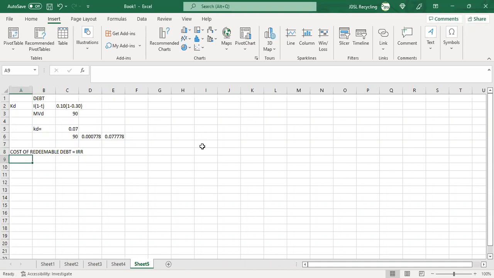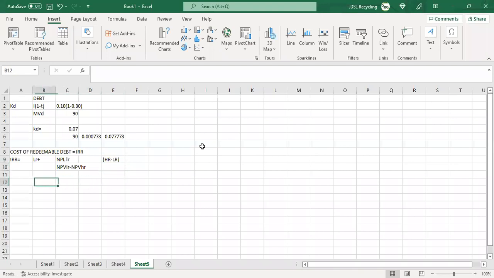Internal rate of return. And your internal rate of return is equals to the LR, lower rate, plus NPV at lower rate, divided by NPV at lower rate minus NPV at higher rate, multiplied by higher rate minus lower rate.